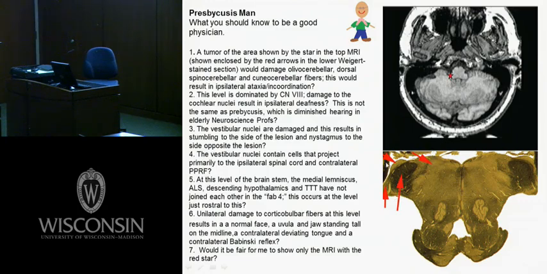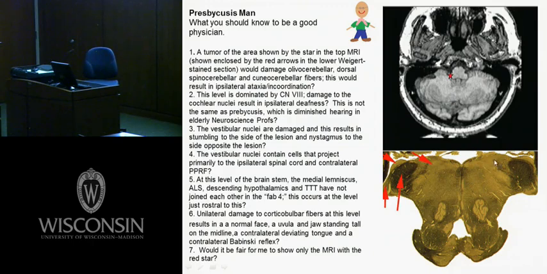Here's a lesion. My incoordination would be ipsilateral. My deafness would be ipsilateral. Now, with a big lesion here, well, the other one's going to dominate. It's going to push me this way. So if this is the right side and I have a lesion here, it's going to push me to the right side.